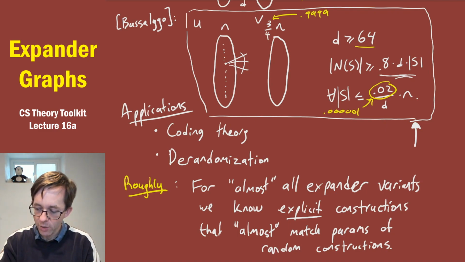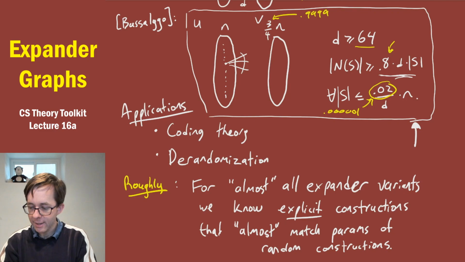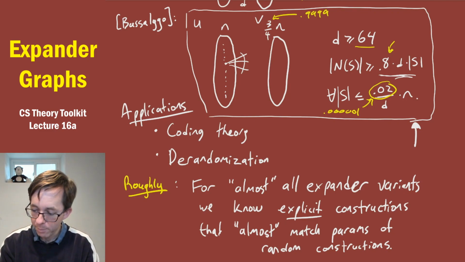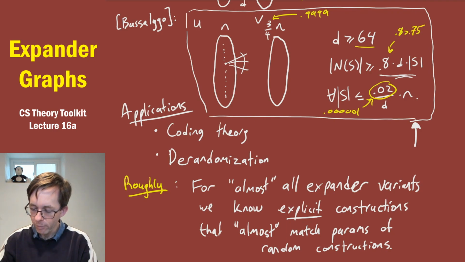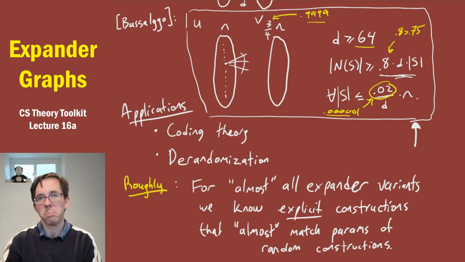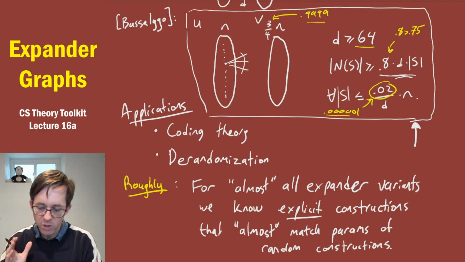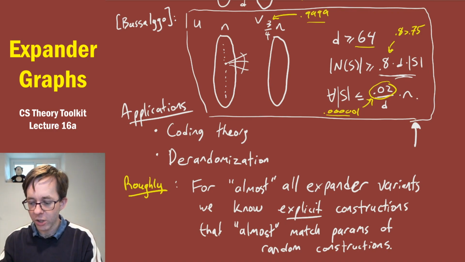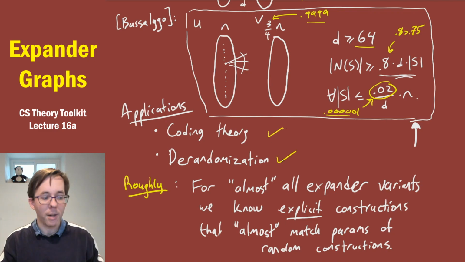But notice that I did not change this 0.8. We can really get the number 0.8 there. You can really get any fixed constant that's less than 1. And for one of the applications, it'll actually be important that 0.8 is bigger than 0.75. But these two other constants are not so important. They make some of the parameters worse, but it'll be fine for us. So we do have explicit constructions of these bipartite expander graphs, which are going to be good for the two applications I'll show you in coding theory and derandomization.